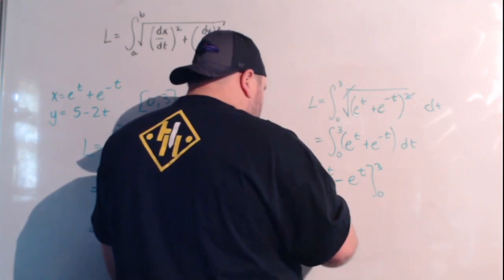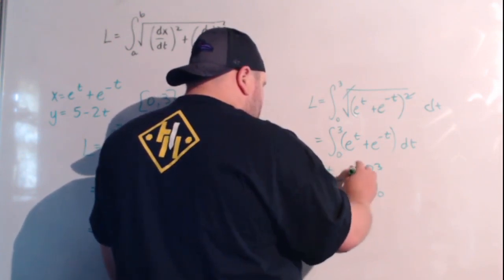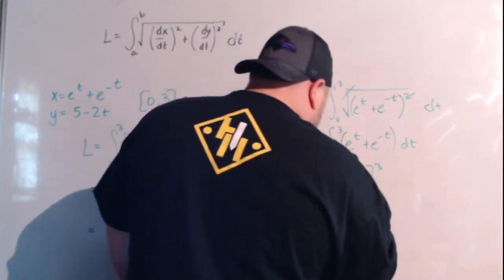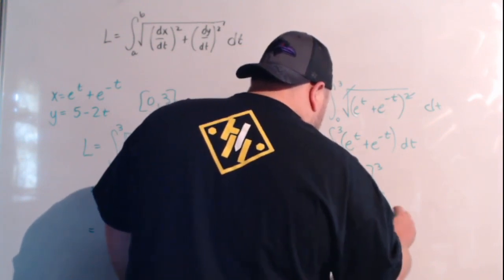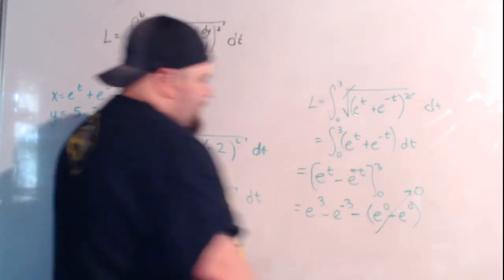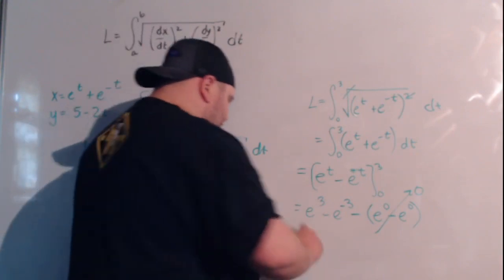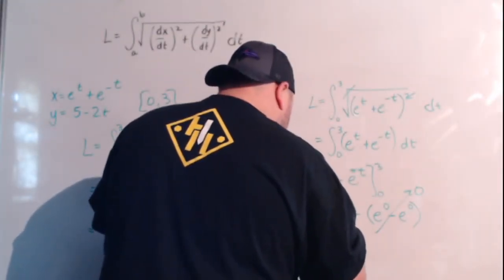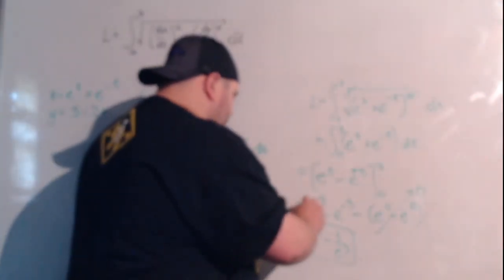So e cubed minus e to the minus 3 minus plugging in the lower bound, which is e to the 0 minus e to the 0. So that's going to be 0 there. And you just have this. So it's e cubed minus 1 over e cubed. Or you could leave it this way as well, it doesn't matter.